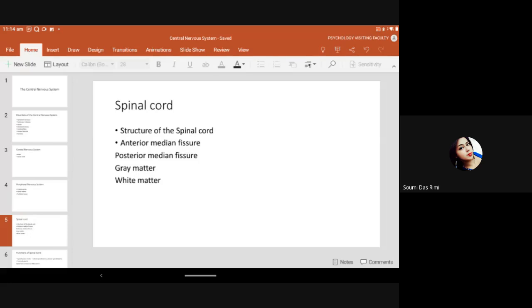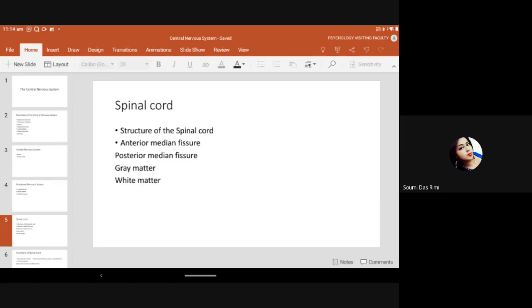Now there are a number of vertebrae that surround it, and there are two deep grooves in the spinal cord. What are they? They are the anterior median fissure and the posterior median sulcus.